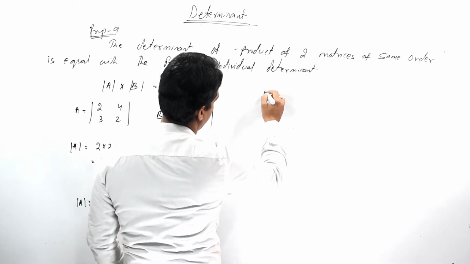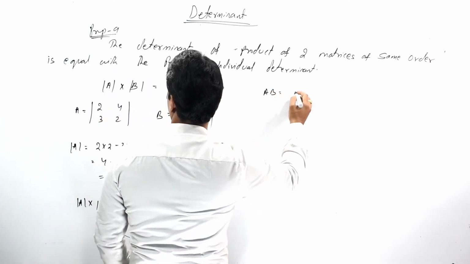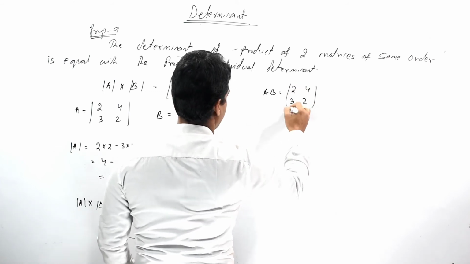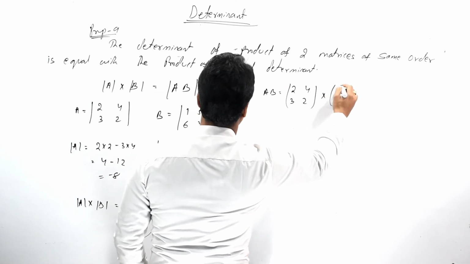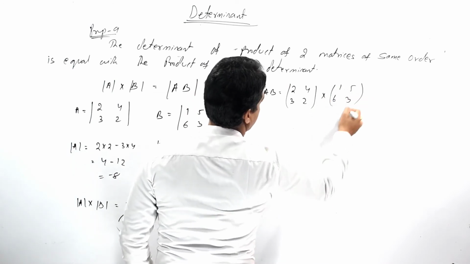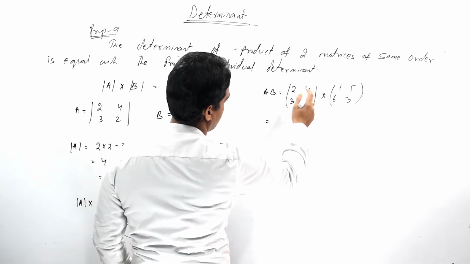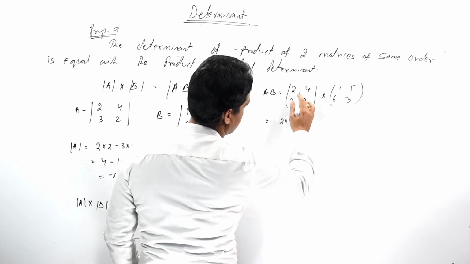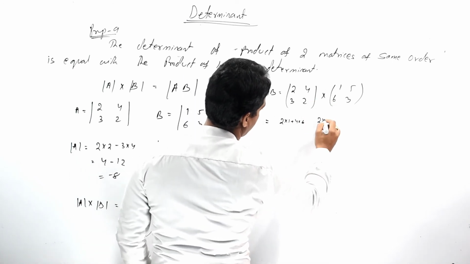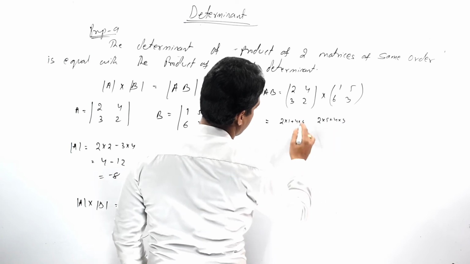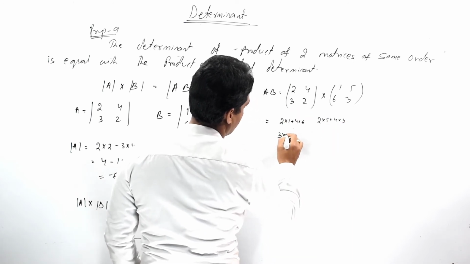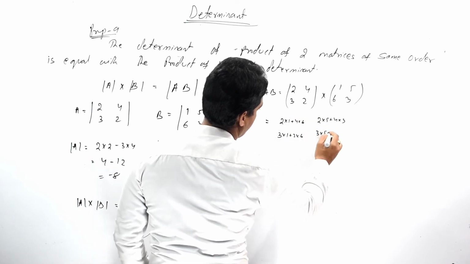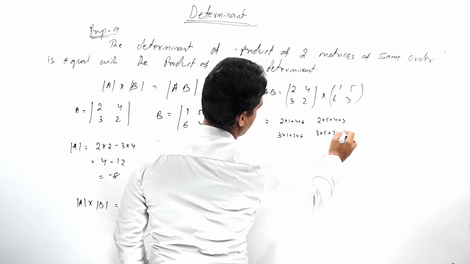Now we can find out AB, that is A into B. By multiplying we find the values: 2 into 1 plus 4 into 6, then 2 into 5 plus 4 into 3, then 3 into 1 plus 2 into 6, again 3 into 5 plus 2 into 3.